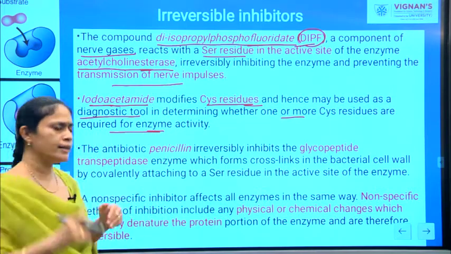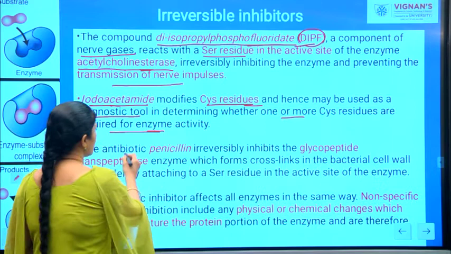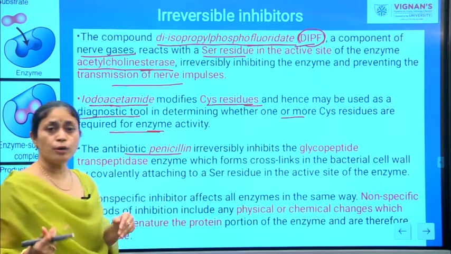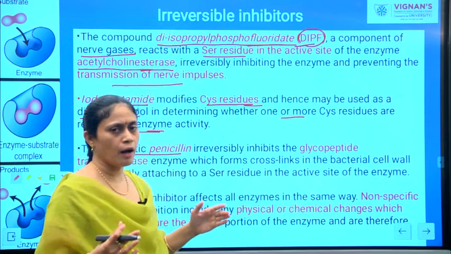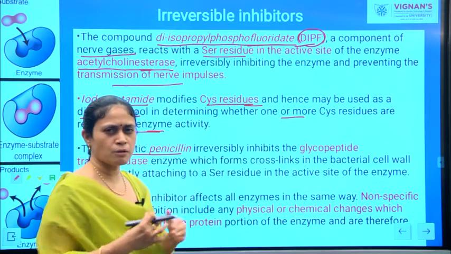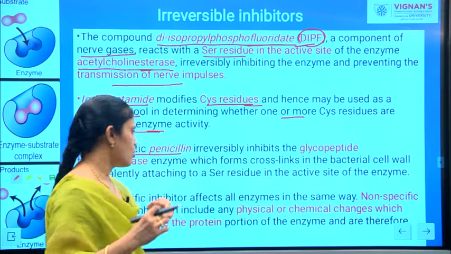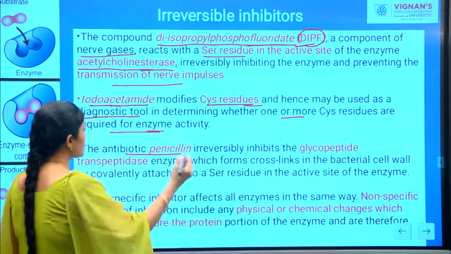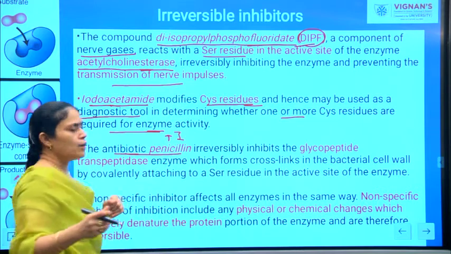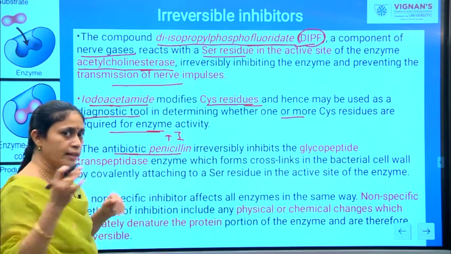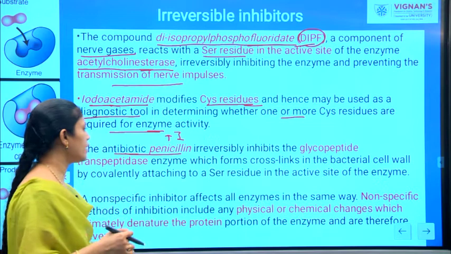Let's go for another example. Just consider the antibiotic penicillin. We know about penicillin. It is produced from a fungus and most of the people are very much susceptible to penicillin. This is your inhibitor now. And what is the enzyme which is getting affected by this particular inhibitor?